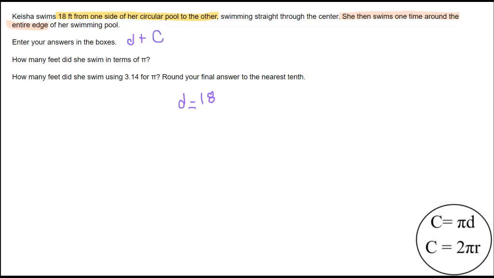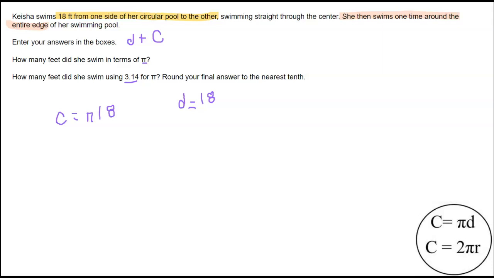We're going to find out how many feet in terms of pi, and also approximately how many feet. Since we know the diameter, we just need to find the circumference. Using our formula, circumference equals pi d, circumference equals pi times 18, substituting 18 for the diameter.